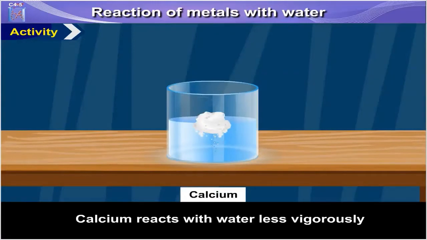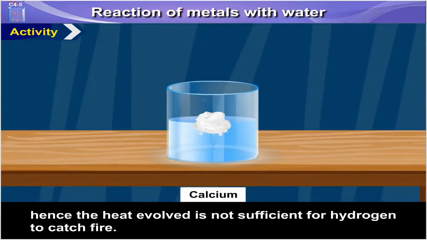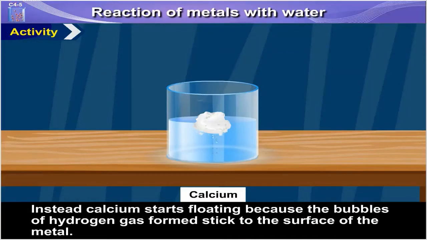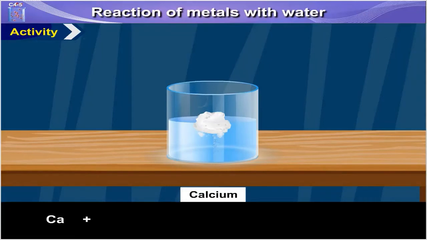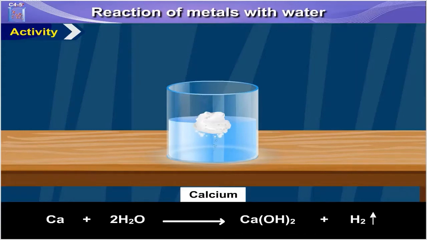Calcium reacts with water less vigorously, hence the heat evolved is not sufficient for hydrogen to catch fire. Instead, calcium starts floating because the bubbles of hydrogen gas formed stick to the surface of the metal. Ca plus 2H2O gives Ca(OH)2 plus H2.